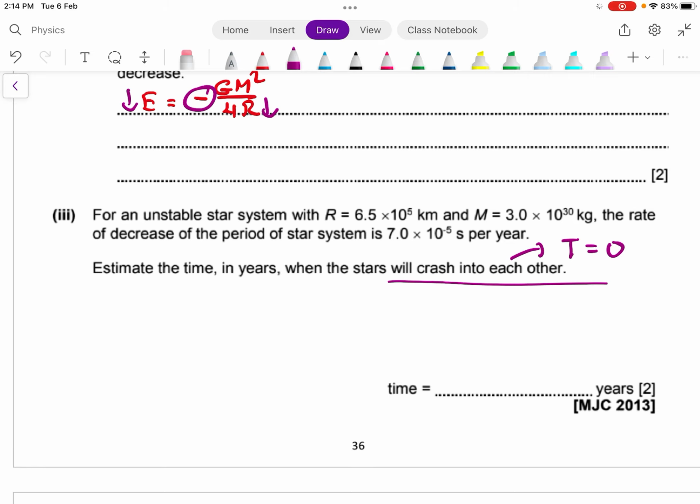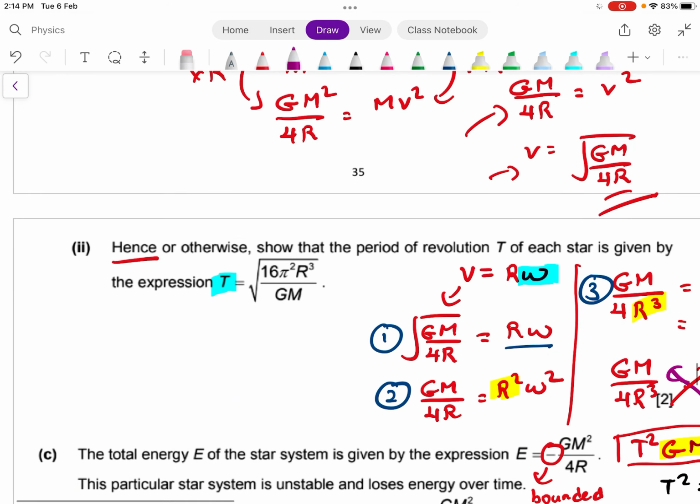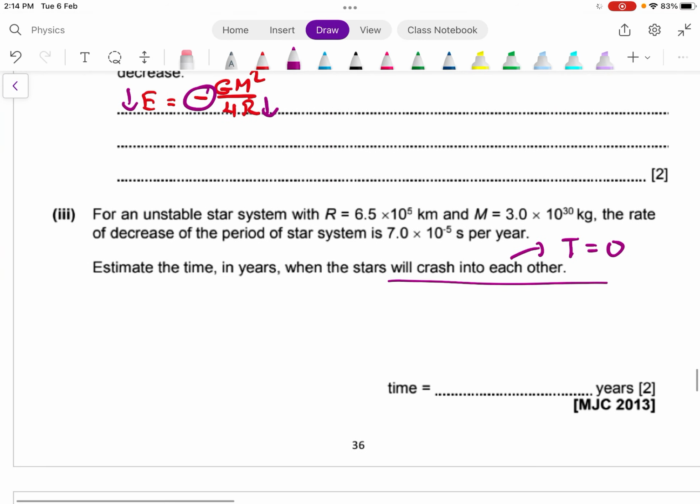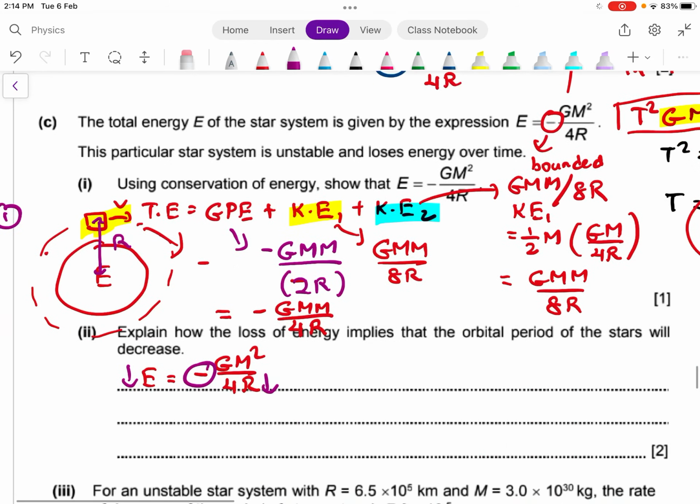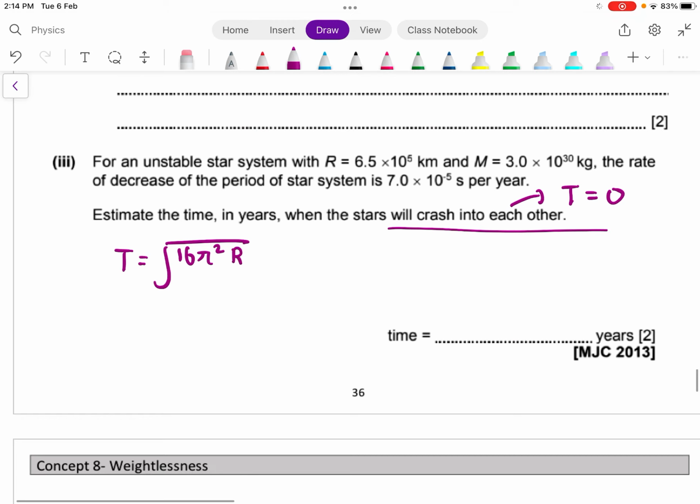First, to calculate this, I need to use this formula right here. I want to determine the initial period. The period is equal to the square root of 16 pi squared r cubed over GM.